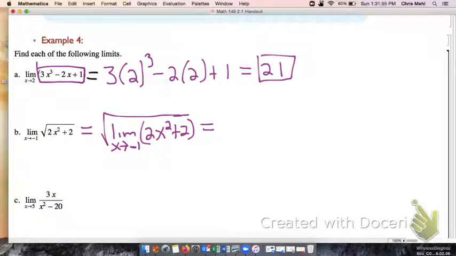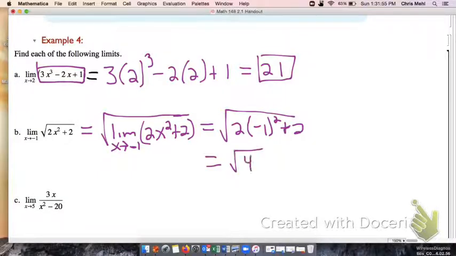You can pull the square root out front, and then plug the -1 in, because 2x squared plus 2 is a polynomial. So the limit ends up being the square root of 2 times -1 squared plus 2, which is the square root of 4, which is 2.